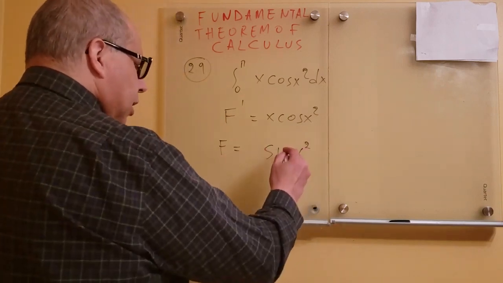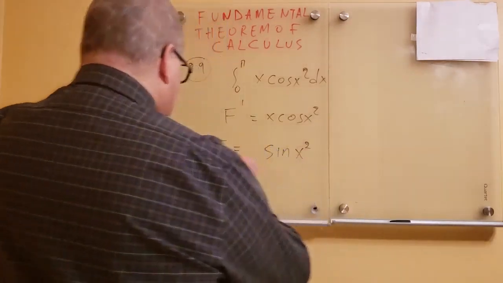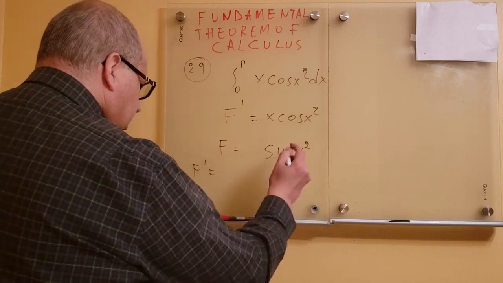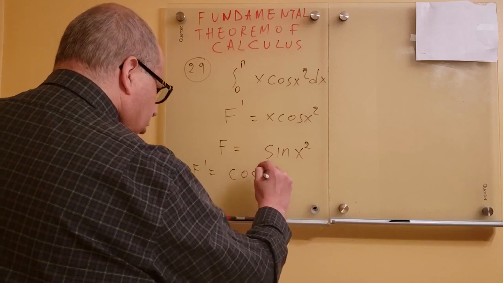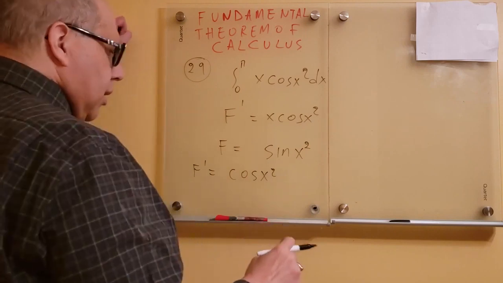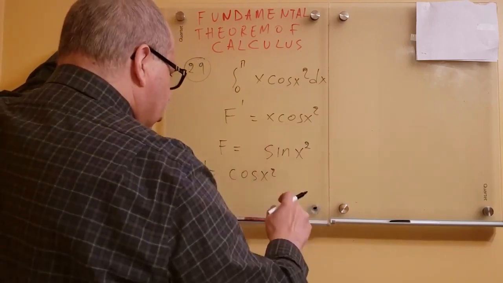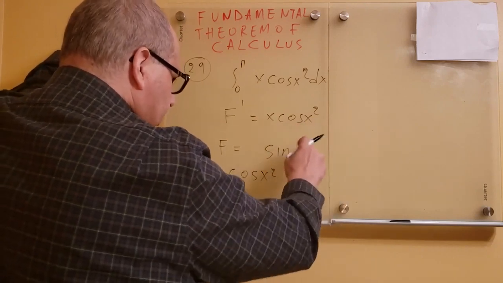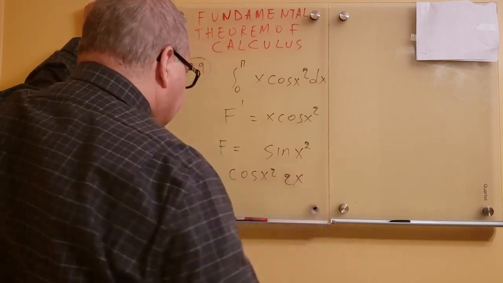The derivative of sine is cos, so f prime should be equal to cos x squared, but because this is a composite function of sine x, where x is x squared, you have to use the chain rule. So you have to take the derivative of the x squared, which is actually 2x.